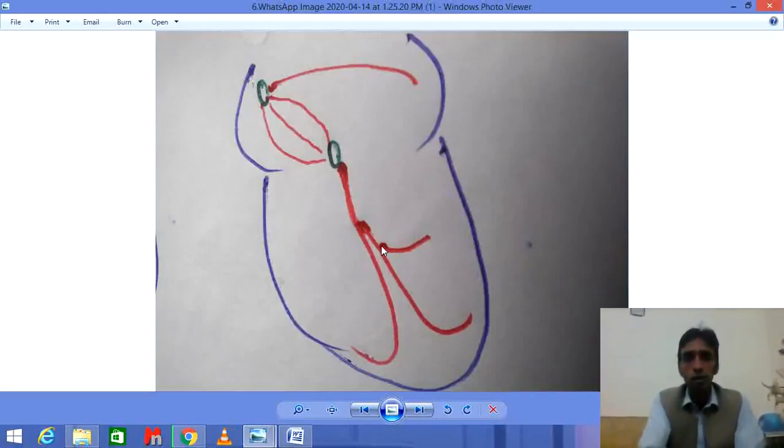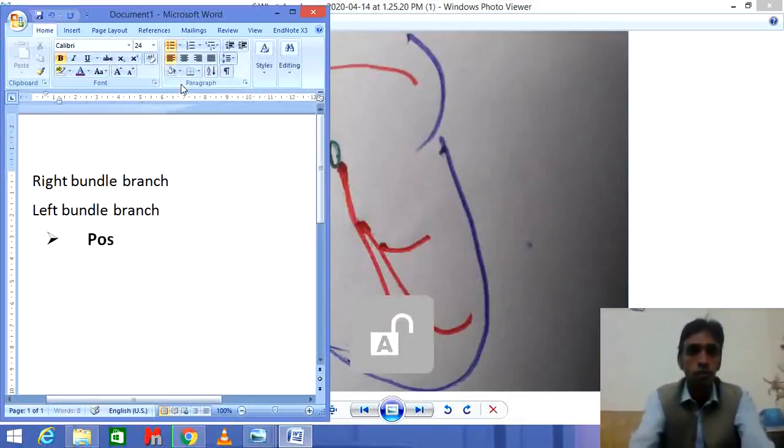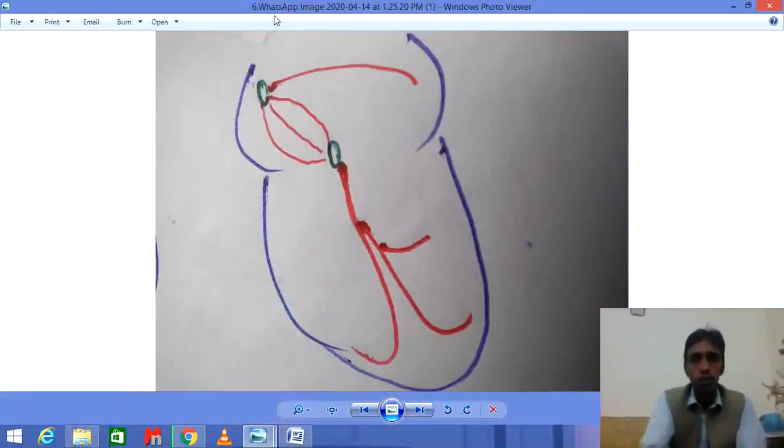The left bundle branch gives two further branches, the posterior bundle branch and the anterior bundle branch, which give signal to the posterior area of the left ventricle and the anterior area of the left ventricle respectively.